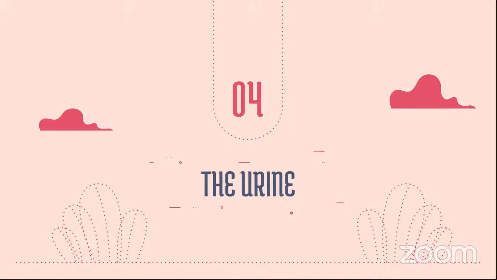It can tell you if the kidneys are functioning correctly or not. The sugar can tell you if the person has diabetes or not. If the urine is cloudy and contains white blood cells, it can guide you to look for an infection. If it's pinkish and contains blood cells, it can guide you to look for blood in the urine, and so on.